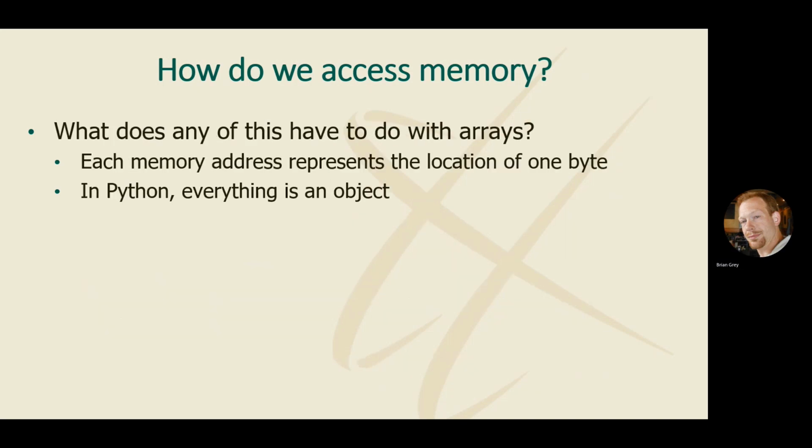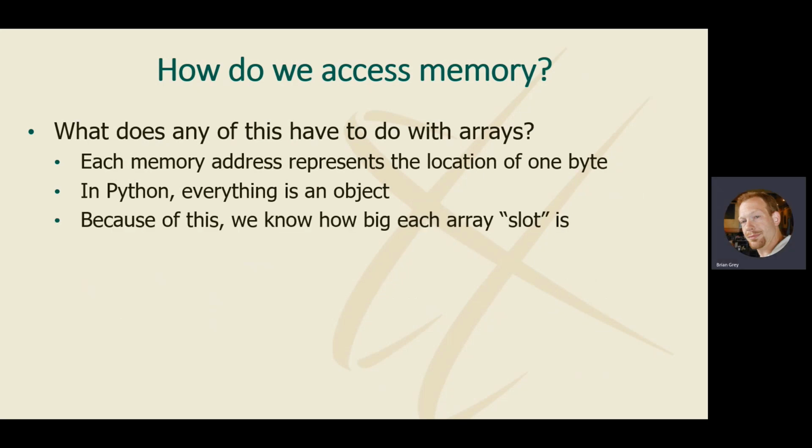So, okay. Then in Python, we know how big each slot is, right? Because it's a memory reference. And so for those of you who know architecture, you know that you have either a 32-bit or a 64-bit machine, okay?